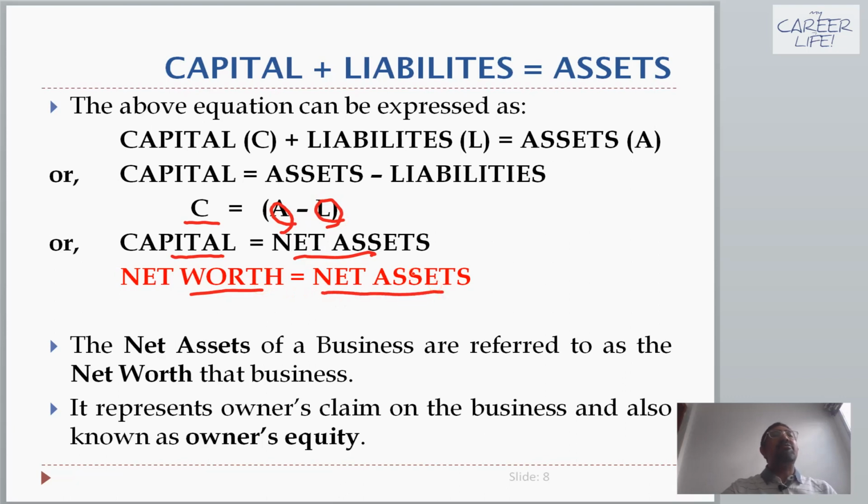So we should always remember that the net assets of a business is the same as the net worth of that particular business. It represents the owner's claim on the business, and it is also referred to as owner's equity.